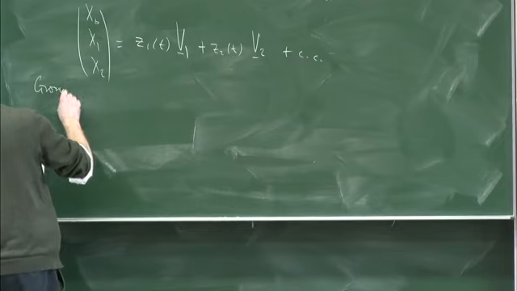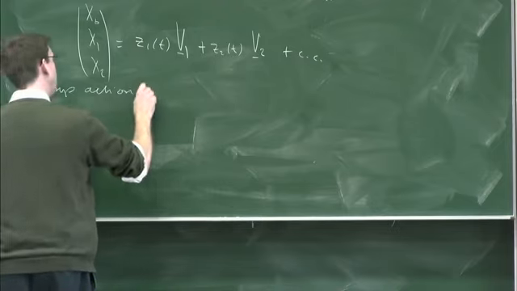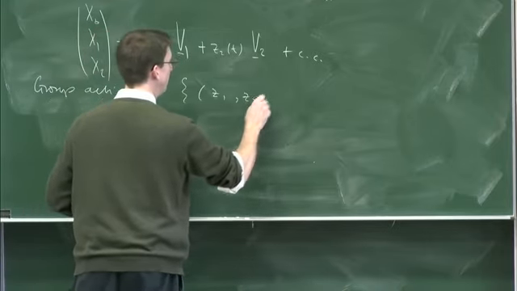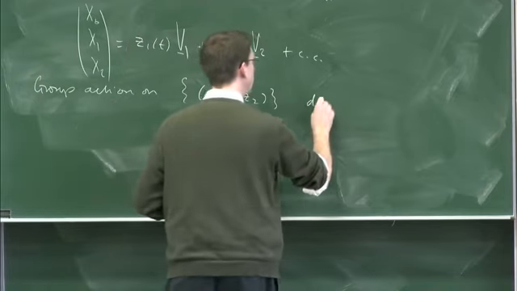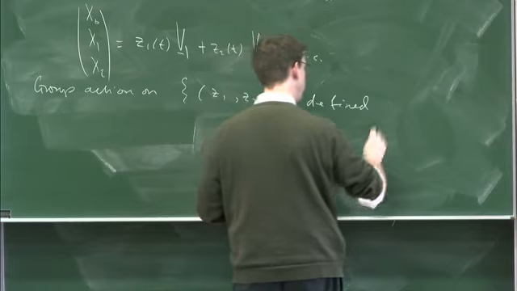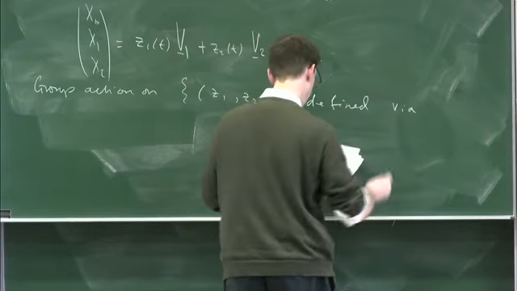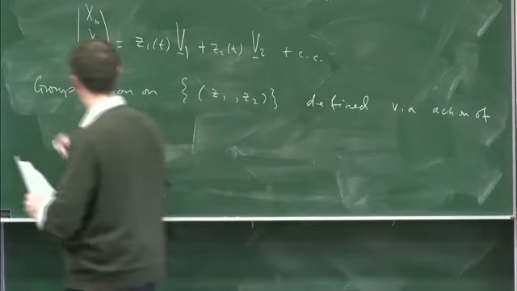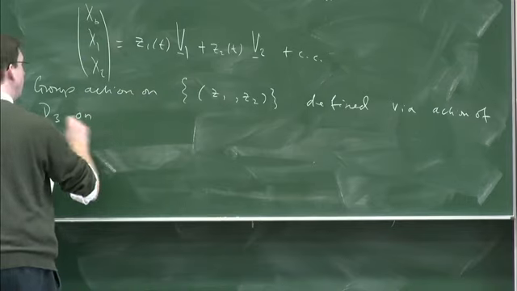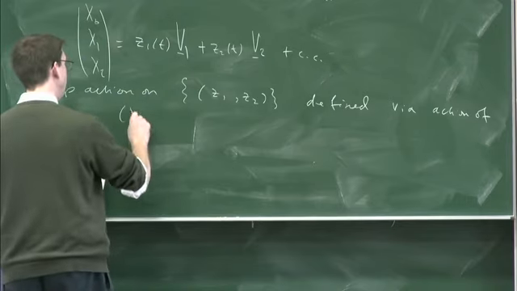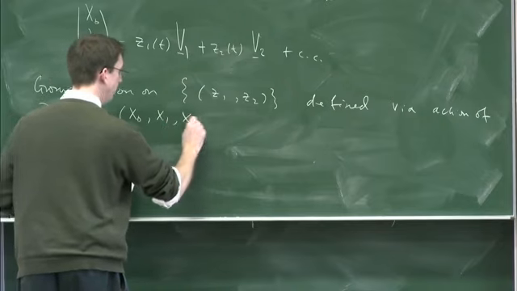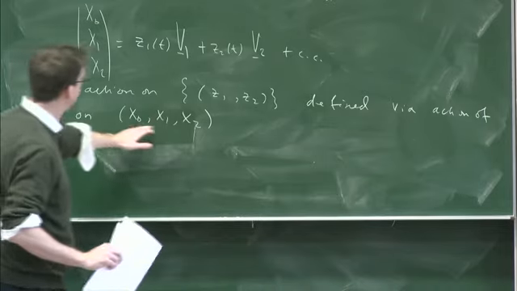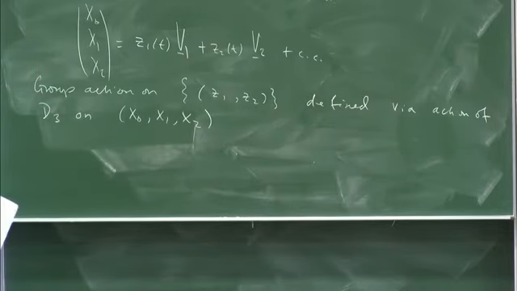So then there's a group action on my center manifold coordinates z1 and z2, which is defined via the action of D3 on the real state space, the original state space variables x0, x1, x2.